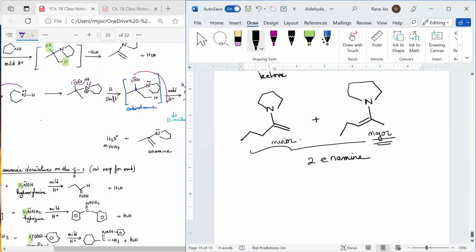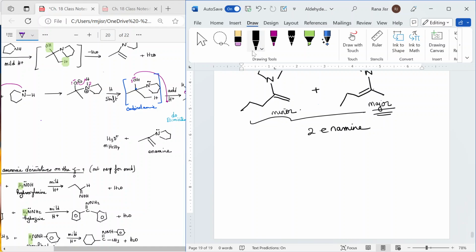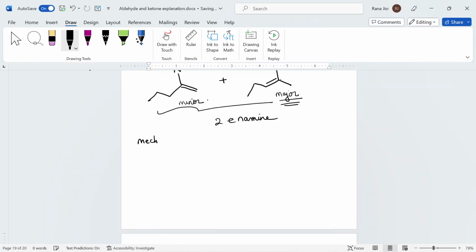Let's go ahead and consider the mechanism of the reaction. Mechanism. We are starting with the unsymmetrical ketone. We are reacting it with a secondary amine, in presence of an acidic medium. So we agreed that the first step, the nucleophile is going to come attack the carbon, form a negative charge on the oxygen.